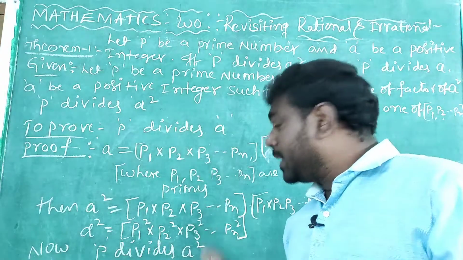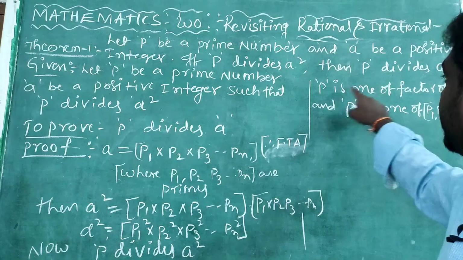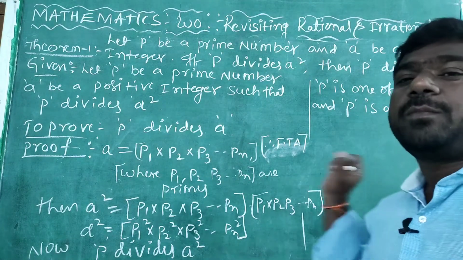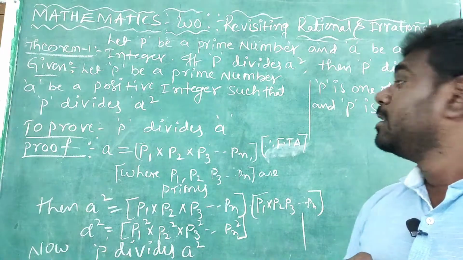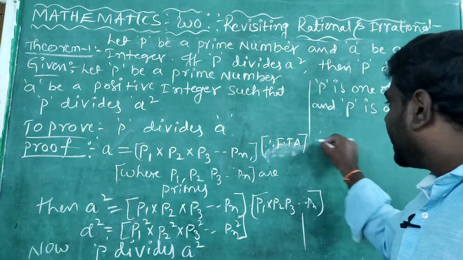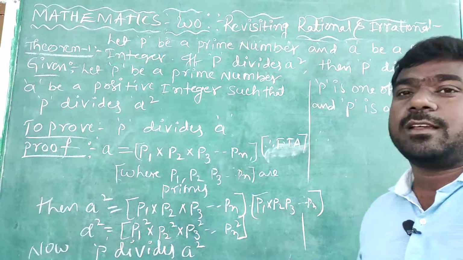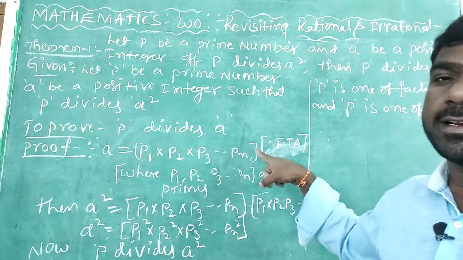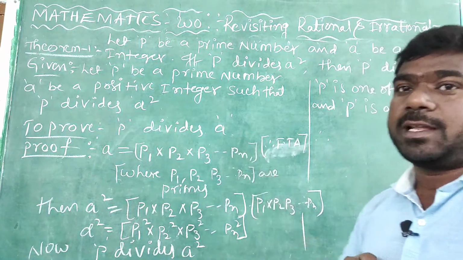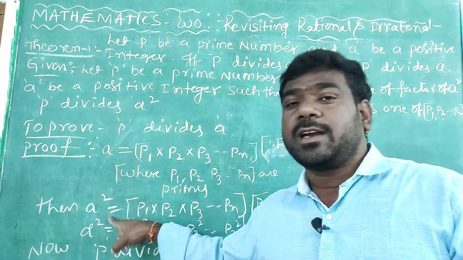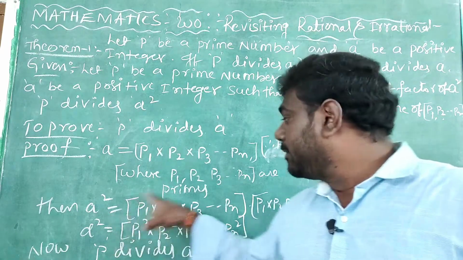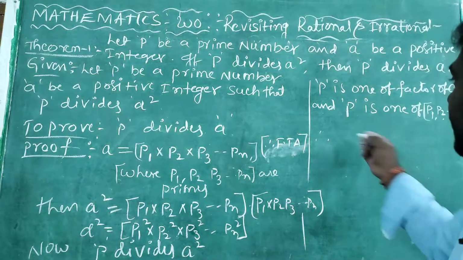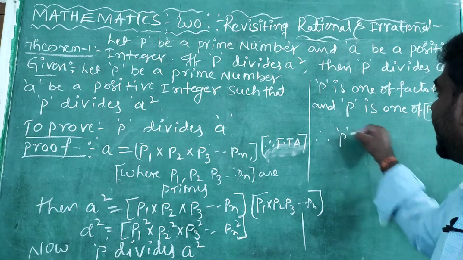P divides A square means P is one of the factors of A square as well as one of P1, P2, P3. By using this, how can I write? Already here we wrote A is a product of its prime factors by using the fundamental theorem of arithmetic. A square has the prime factors of this one only. Yes or no?